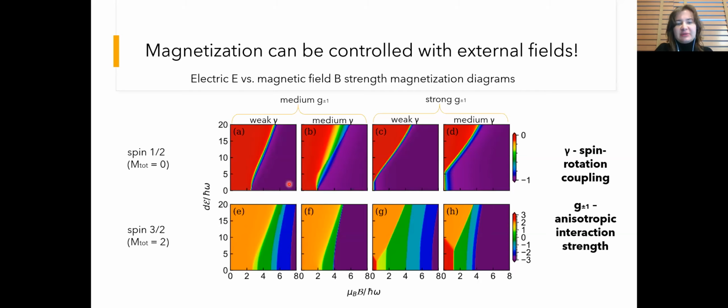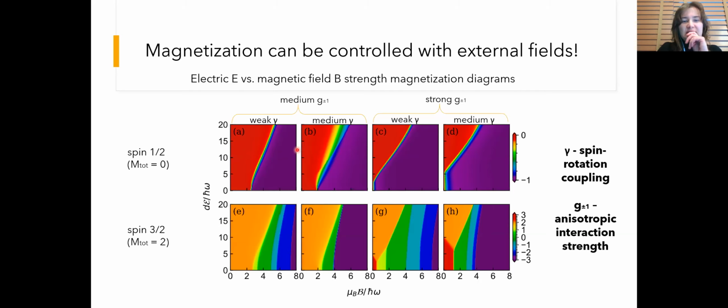For the larger magnetic field, the faster we get this negative magnetization, and it's countered by the Stark effect, but not so much. What is interesting, first of all, is that the transition between these two magnetizations is determined by the strength of the spin rotation coupling. So the larger the spin rotation coupling, the smoother the transition is.